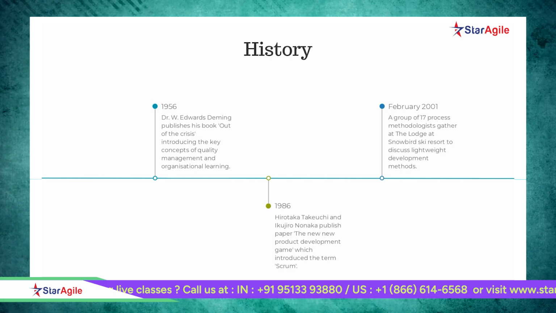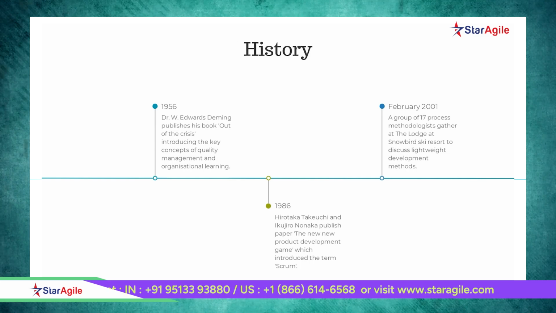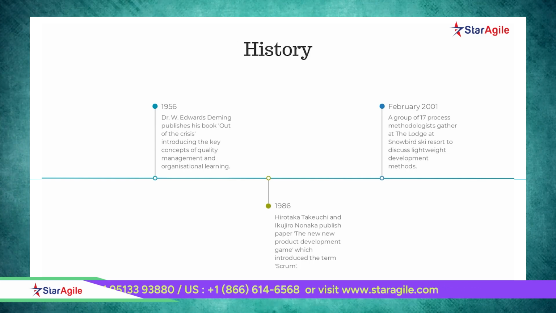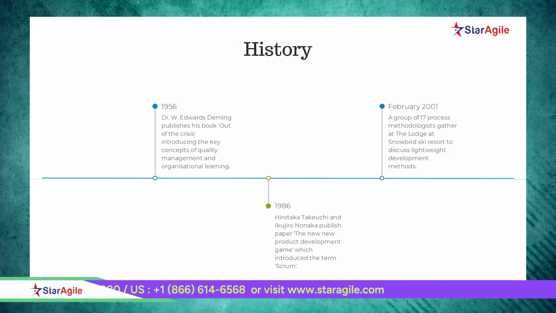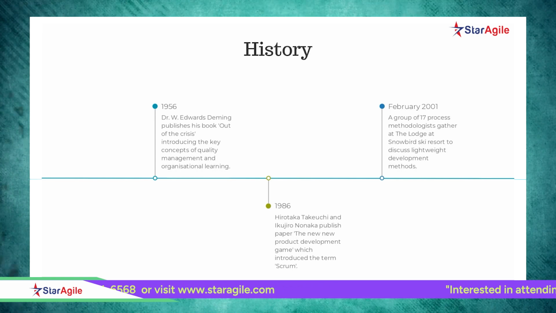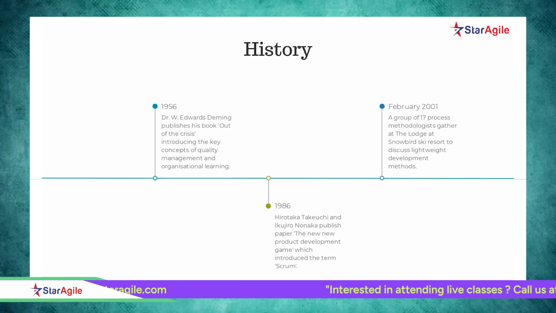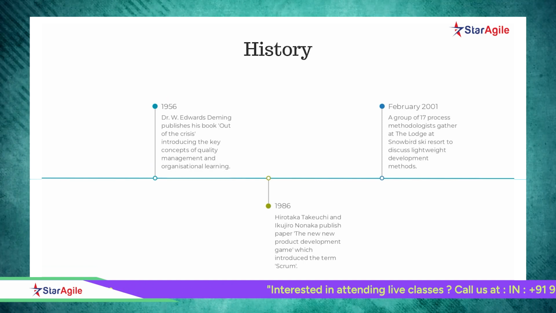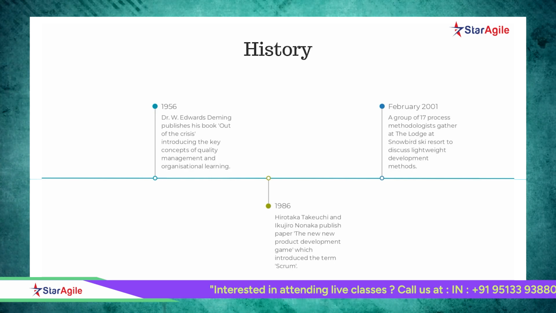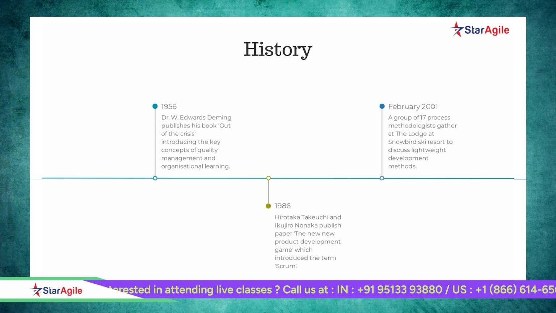And in February 2001, a group of 17 process methodologists gathered at a ski resort to discuss lightweight development methods. This diverse group, representing various frameworks like Scrum, extreme programming, and more, found common ground in their shared frustrations and aspirations.